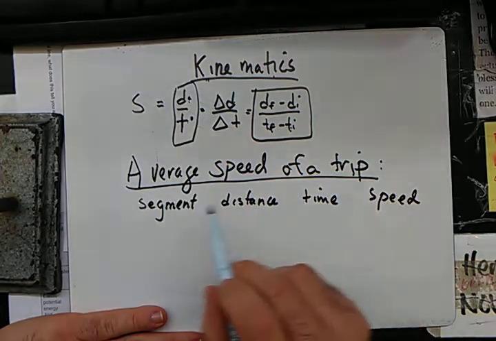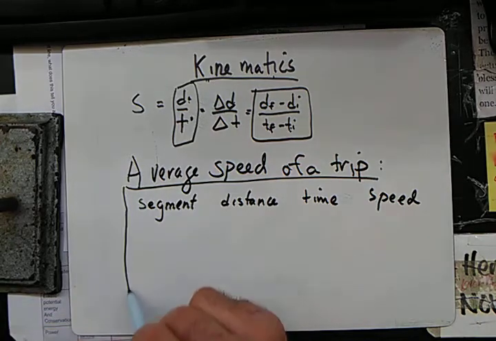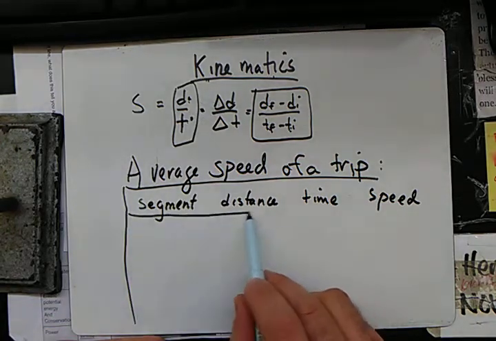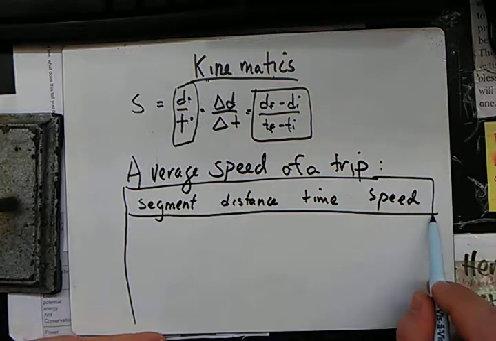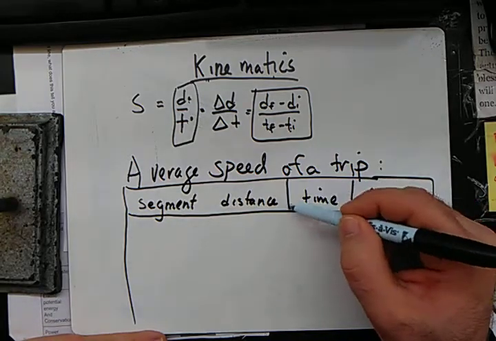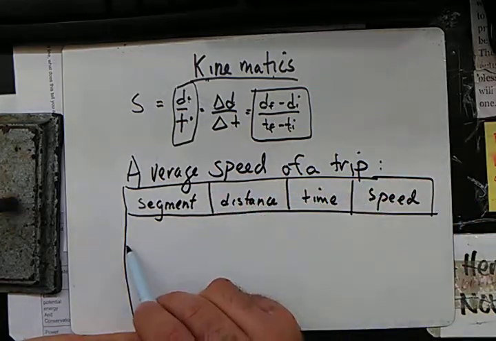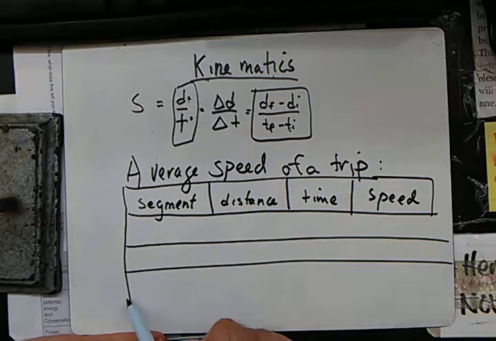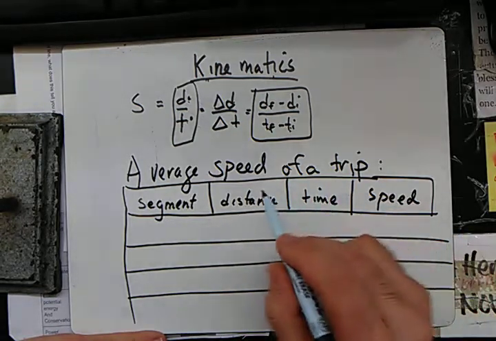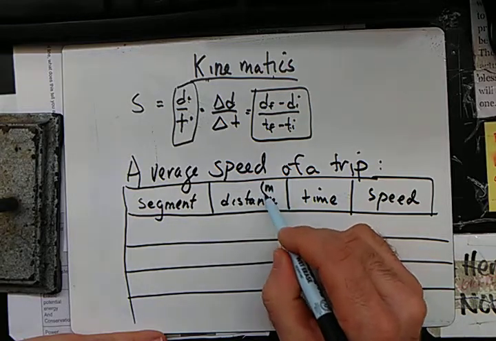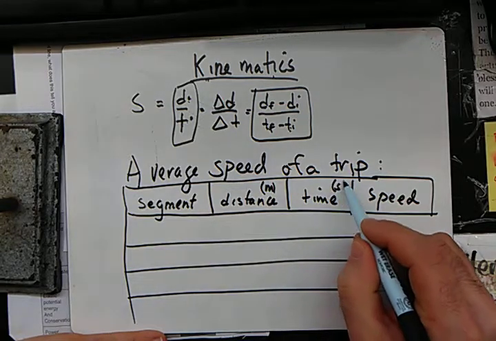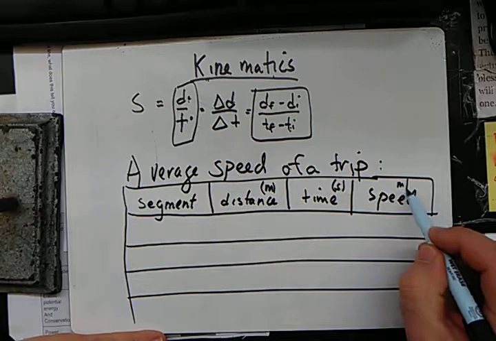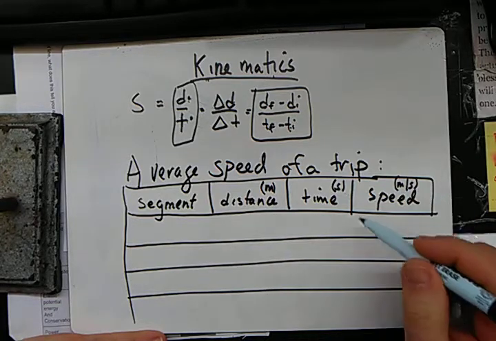So we'll put this into a data table, which I'll have you guys do, so that we can calculate some things here. Distance will be measured in meters, times in seconds, and speeds in meters per second.